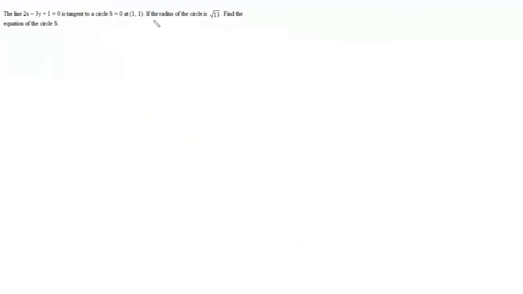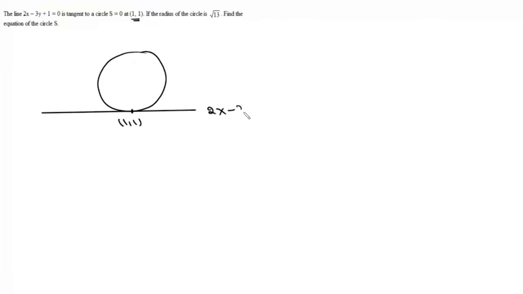Now the question: this line is tangent to this circle S equals 0 at 1, 1, and if the radius of the circle is root 13, find the equation of the circle. Now there are many ways to solve this question, and one of the ways is we have this circle which touches this straight line at 1, 1, and this line is 2x minus 3y plus 1 equals 0.